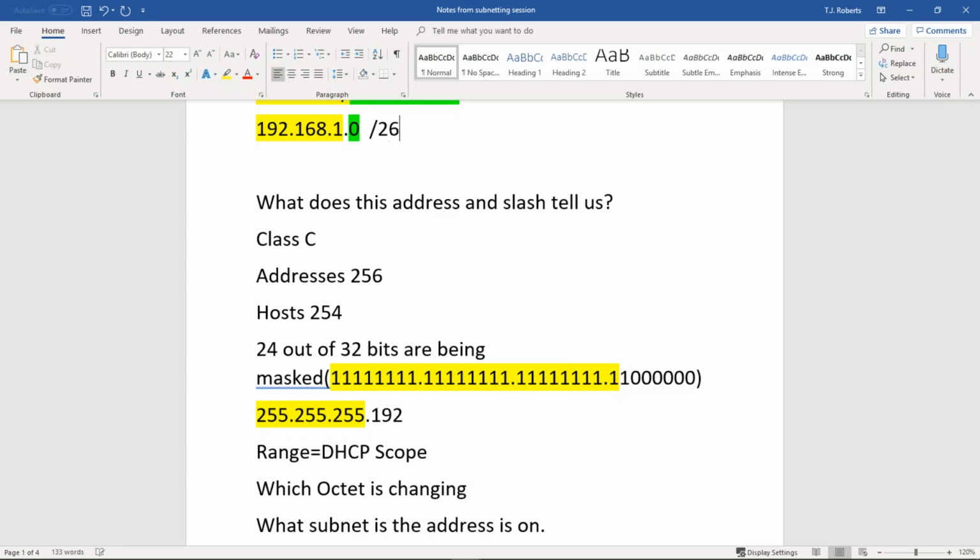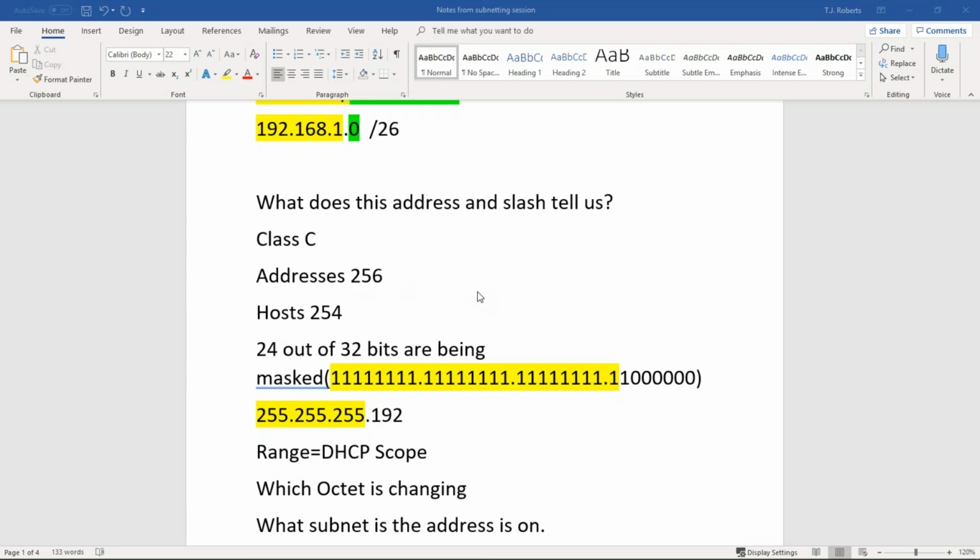So this is a slash 26. Is everyone with me? I didn't lose anyone, right? Awesome. Does anyone have any questions? No questions. Awesome.